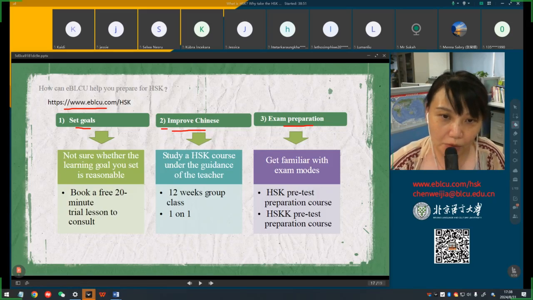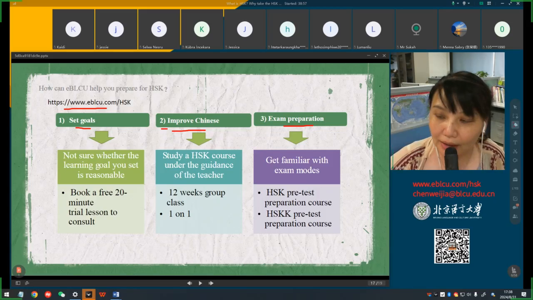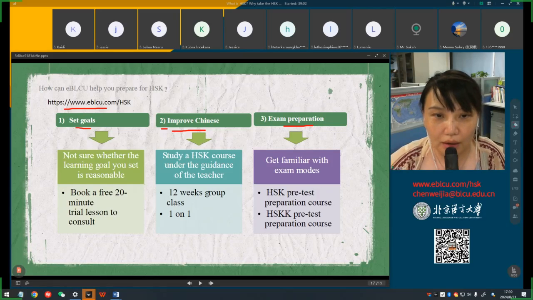Usually, apps help you remember vocabulary or characters, but they are not very good at helping you with how to speak a sentence, how to have a conversation, the rules of the Chinese language, and the grammar.